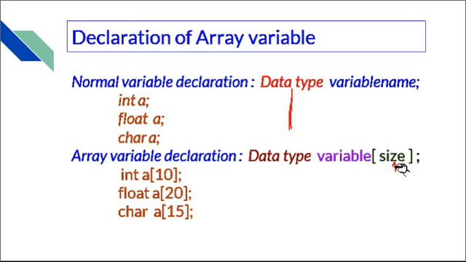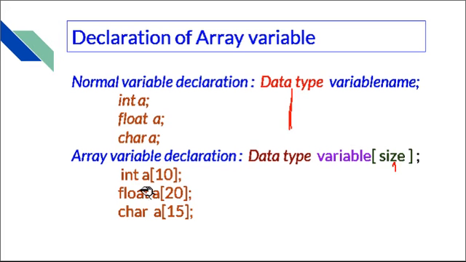What is the definition of an array variable I told? An array variable is capable of holding more than one value at a time. How many values can it hold at a time? That is specified by the size.